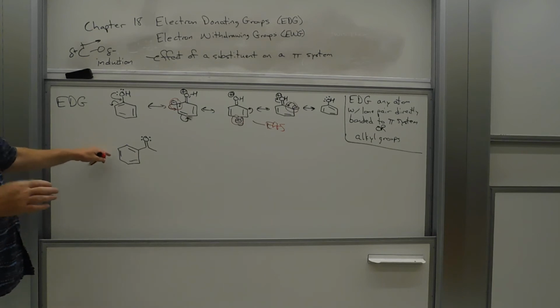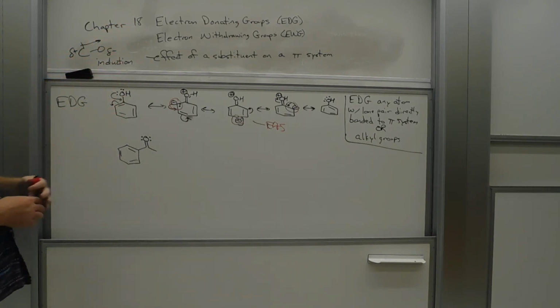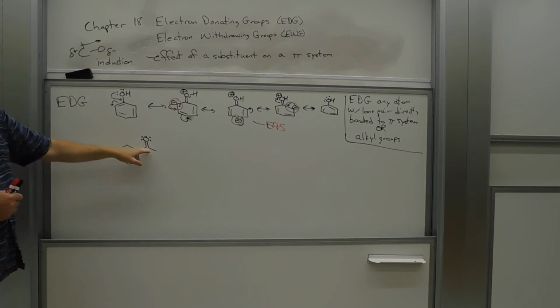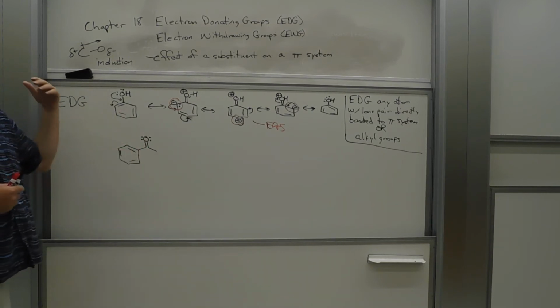Okay, so now you'll probably see the pattern. There's electron donating groups and electron withdrawing groups. You might look at acetophenone, it's got a ketone here, and you see an oxygen with lone pairs, and you're like, oh, there are lone pairs there, so it's a donating group.